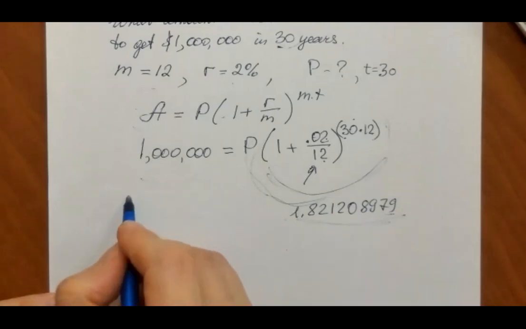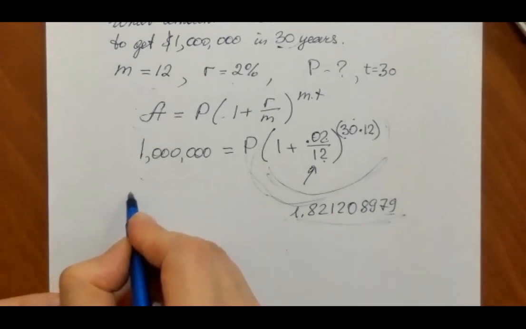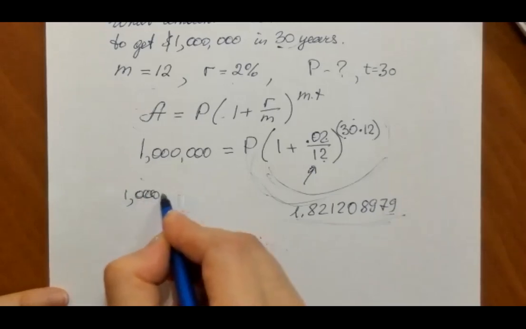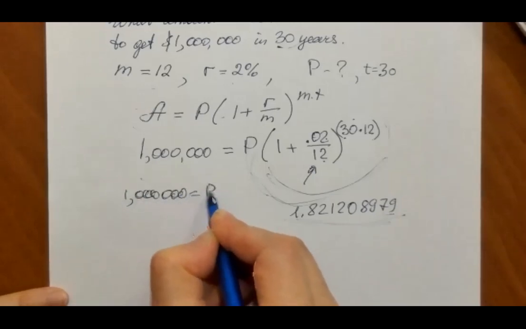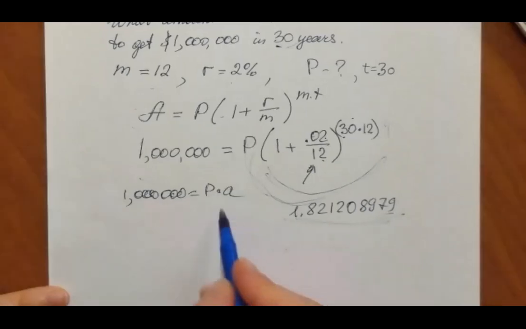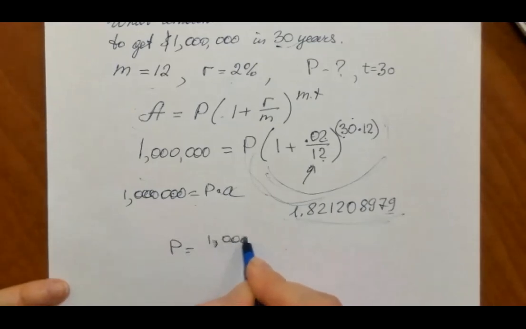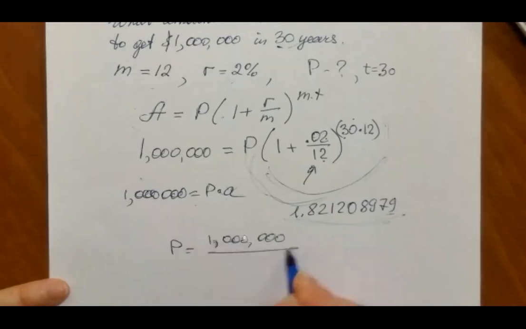So you have a formula of the kind 1 million equals P times A. You must divide by this A to isolate P on the left. P equals 1 million divided by 1.821208979.